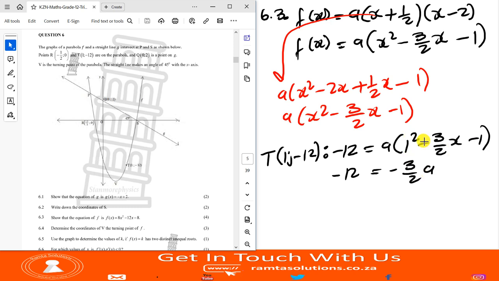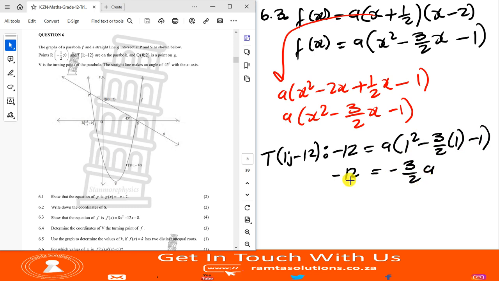You have calculators, guys, you can get this. 1 squared minus 3 over 2x minus, my mistake. I forgot that I substituted this. Where there's x, I should be putting 1. So when you take your calculator, you are getting minus 3 over 2. So this becomes minus 3 over 2a.